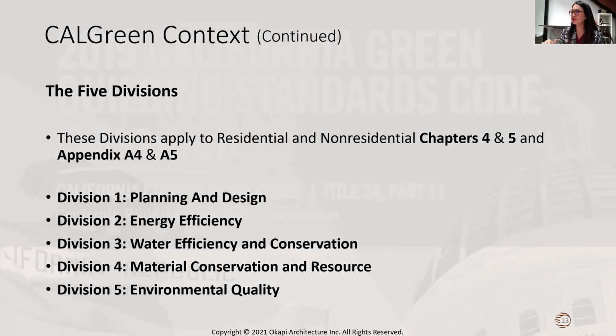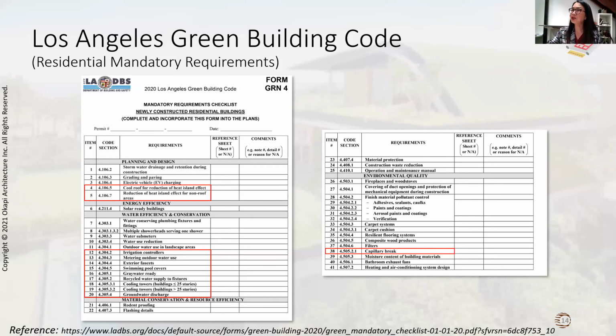Division 4, material conservation and resource efficiency. That's kind of a newer idea within the California code, but for folks who are familiar with LEED, it's very much coming out of LEED. Division 5, environmental quality, which reflects all the things we are enduring with COVID and with wildfire. So we're just moving into it.